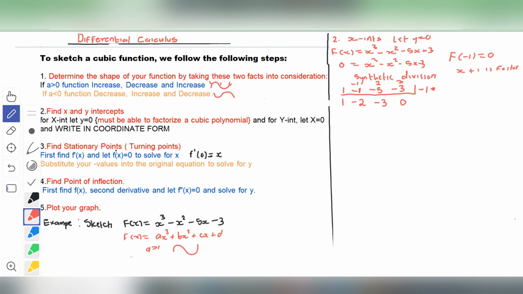So now, what are these values that we found? We can see that we found 1, -2, and -3. What are these values? The first value that you found here is the coefficient of x squared, right?